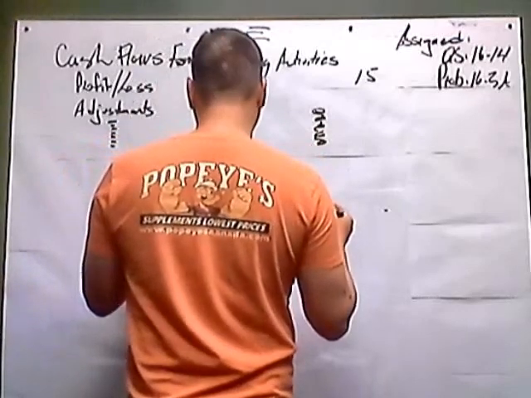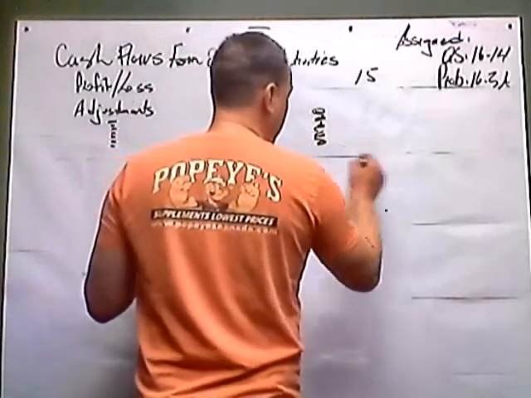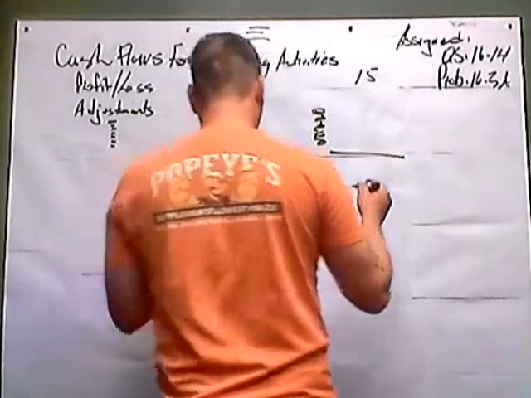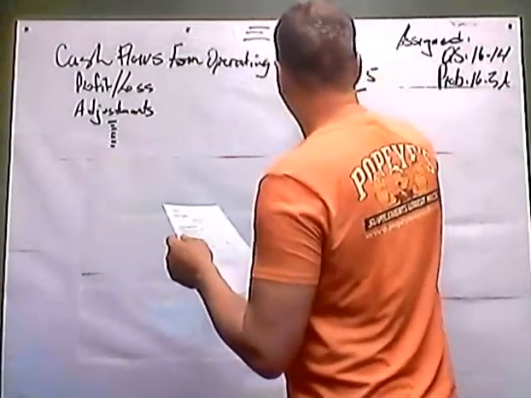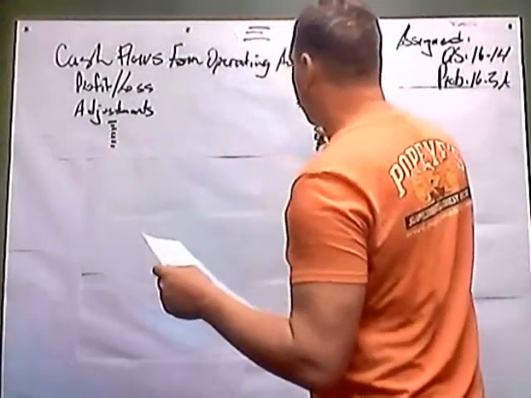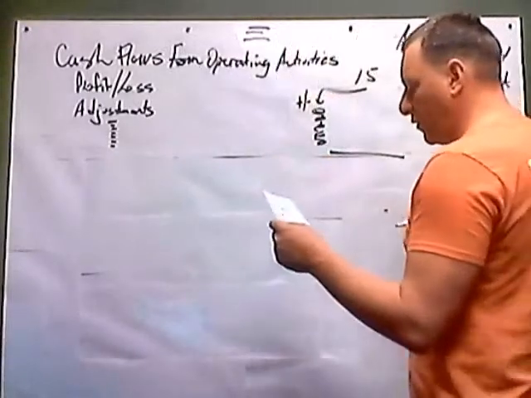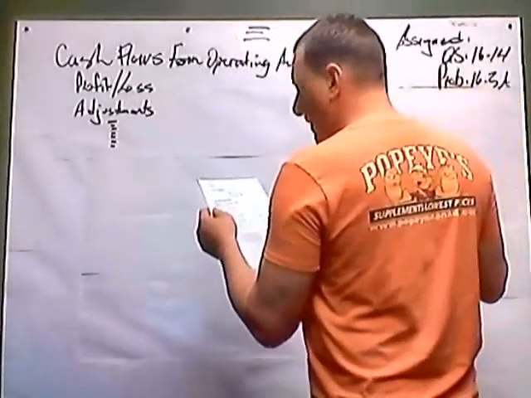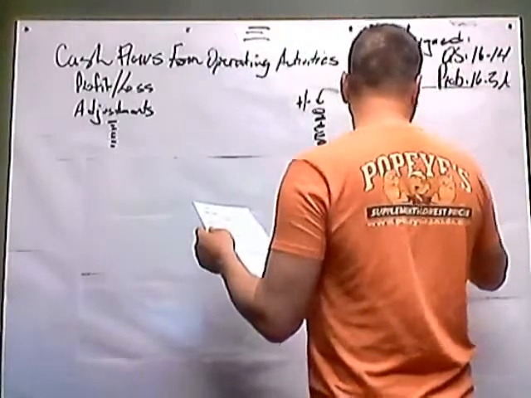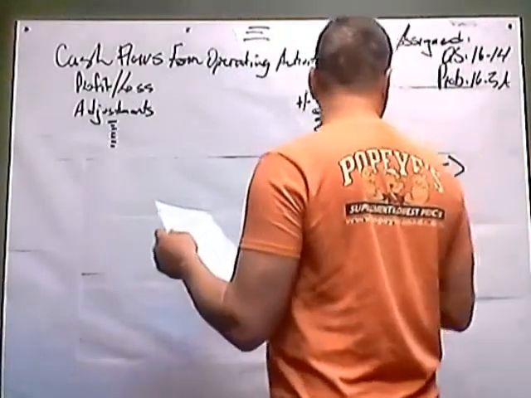You'll have 15 plus or minus whatever your adjustments are, and you'll end up with a net cash outflow from operating activities of minus 25.